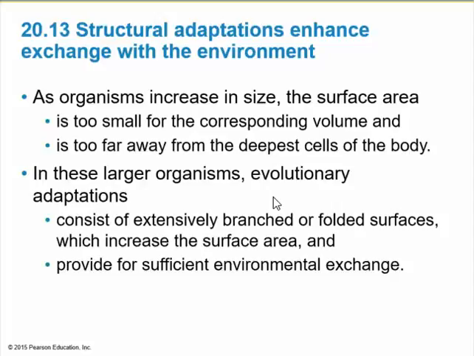For example, lungs consist of folded branched surfaces inside, which increases the surface area enough so you can get enough oxygen for your body, and get rid of the carbon dioxide that your blood picks up.